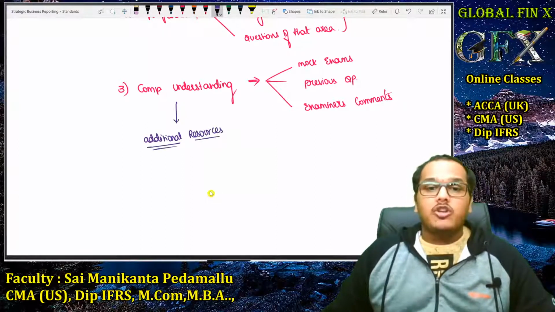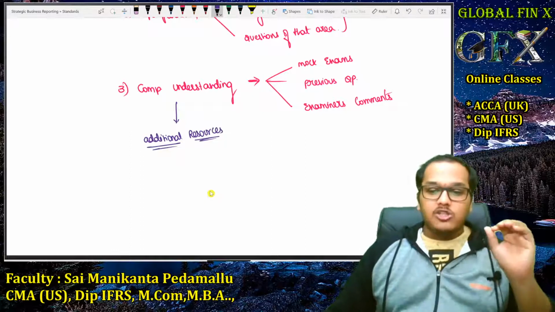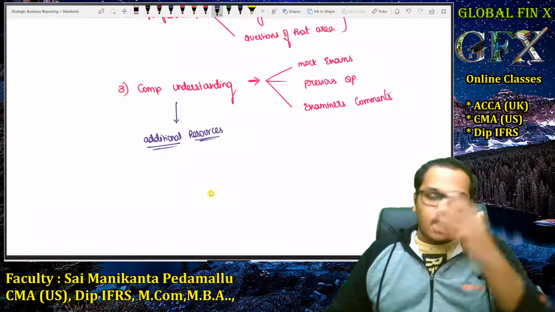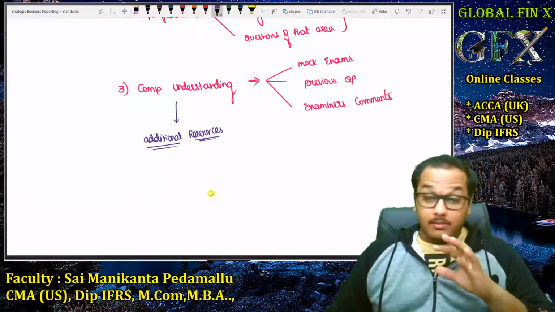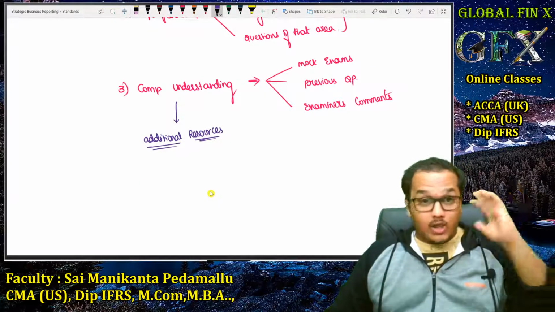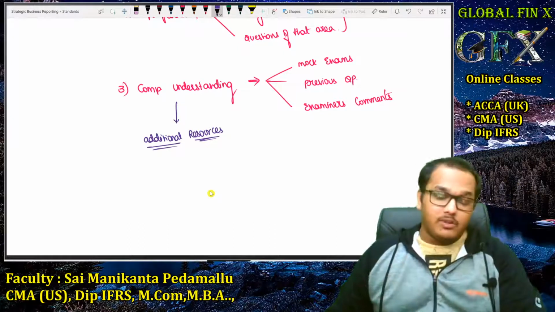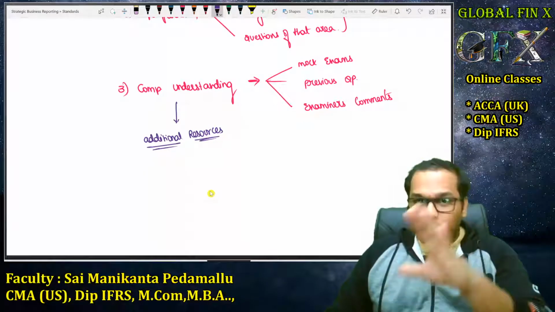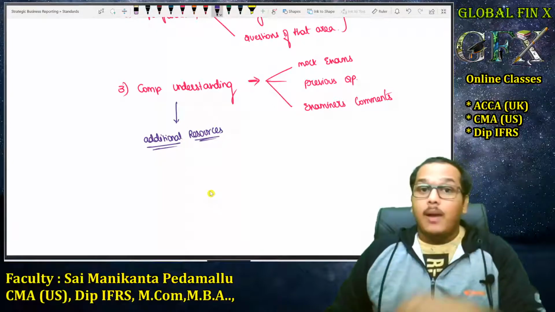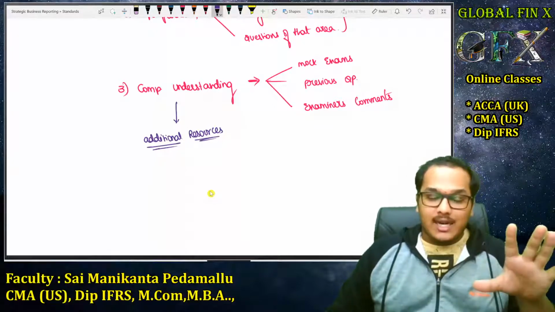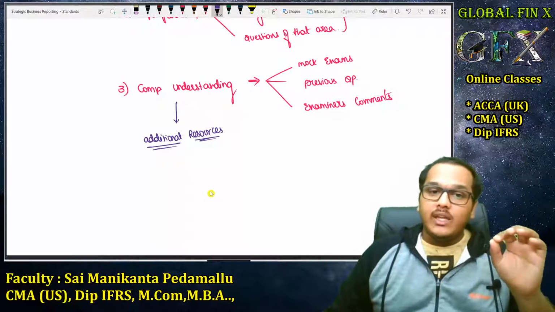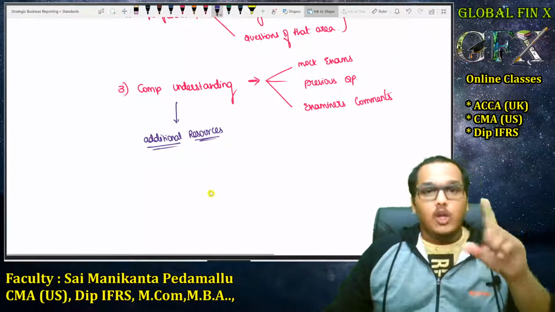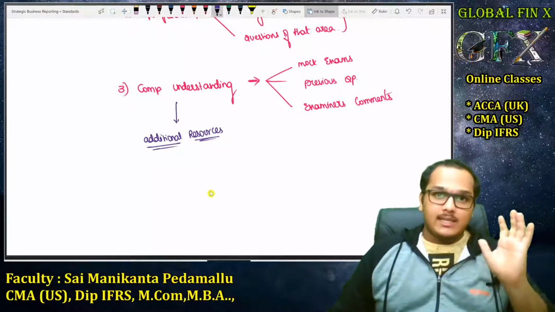I can assure you that if you have watched all my lectures and understood them, repeating again, if you are conceptually clear about all the topics of the SBR syllabus after watching the lectures, and you haven't gone through the exam kit or study text as such, but you have conceptual clarity of all the standards, and you have conveniently completed all the additional resources that I'm going to refer now, you will pass the exam.